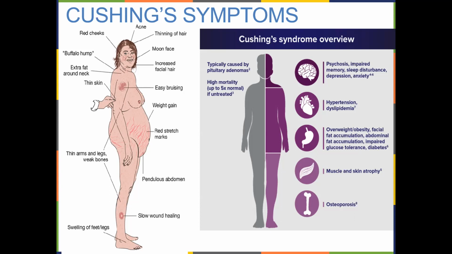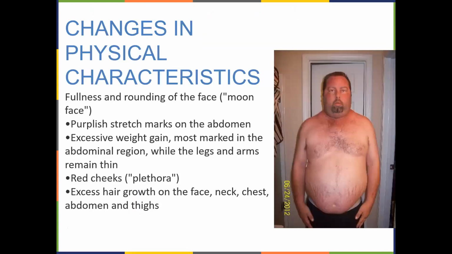A lot of Cushing's is often caused by the presence of a tumor on the pituitary gland. So here's what we see. Excessive cortisol. Cushing's is caused by hypersecretion of cortisol. So we retain water.